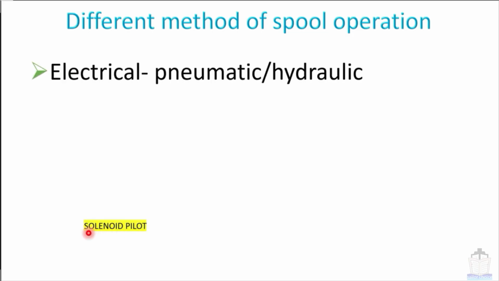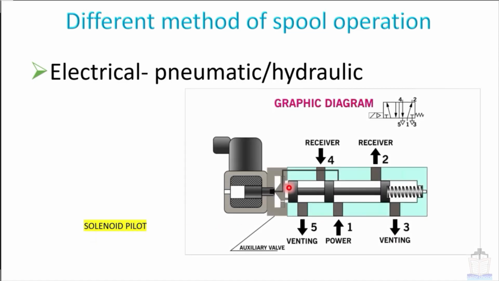Now I am going to show you with the help of animation how this solenoid pilot works. First of all, I am going to explain. The pressurized pneumatic air will be available at number 1 port, that is called the power port, and you can see over here there is a tap which is basically connected to this chamber. That means when the pressurized air is present, automatically it will come to here, but this valve will not allow the air to pass into this chamber.